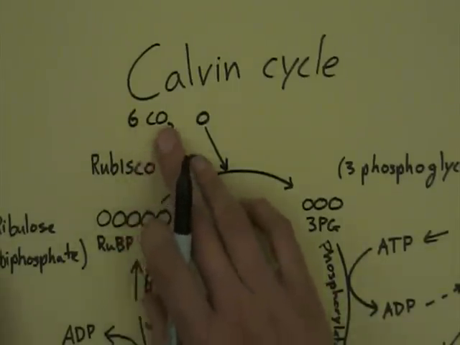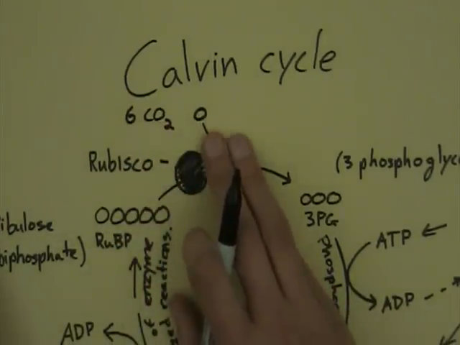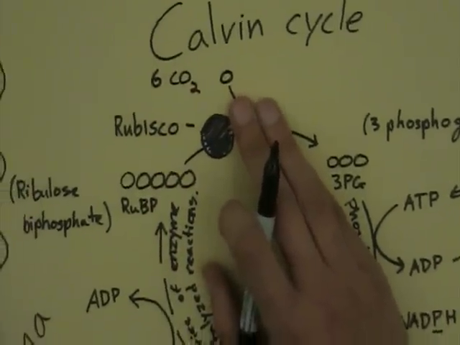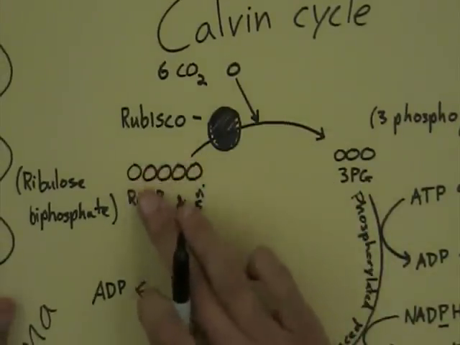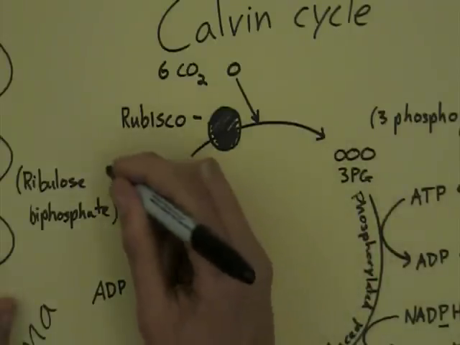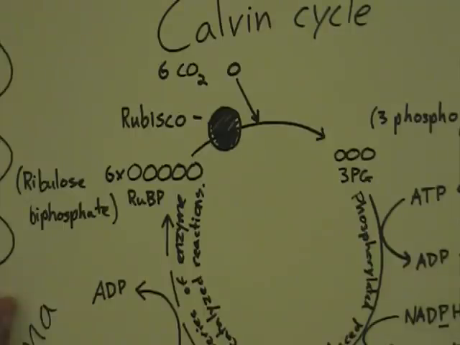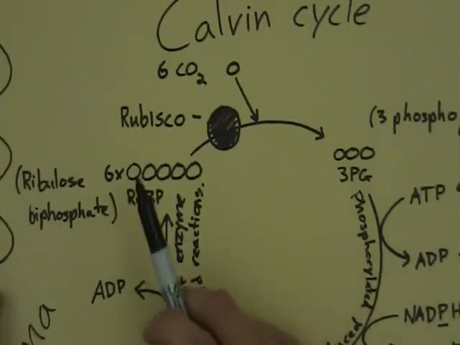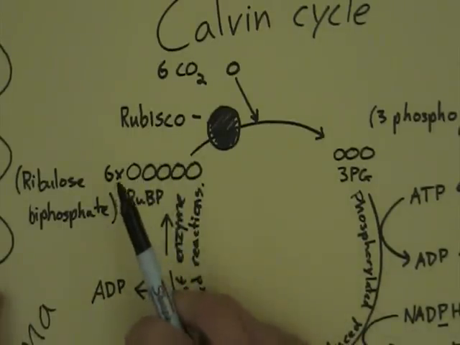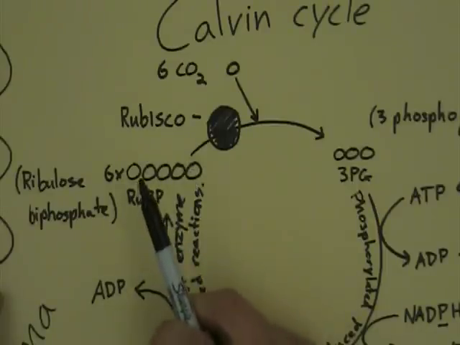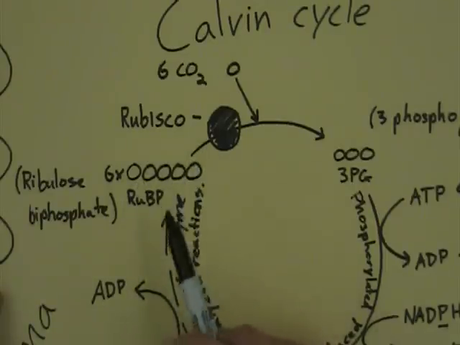Now let's think about this logically. If we have 6 molecules of carbon dioxide, we're also going to need 6 molecules of RuBP. So I'm going to put a 6 in front of this so that I know that I've got 6 of these. If you're particularly good at math, you may be able to work out then that if I have 6 of these, 6 times 5 carbon, well, that's going to be 30 carbons total.